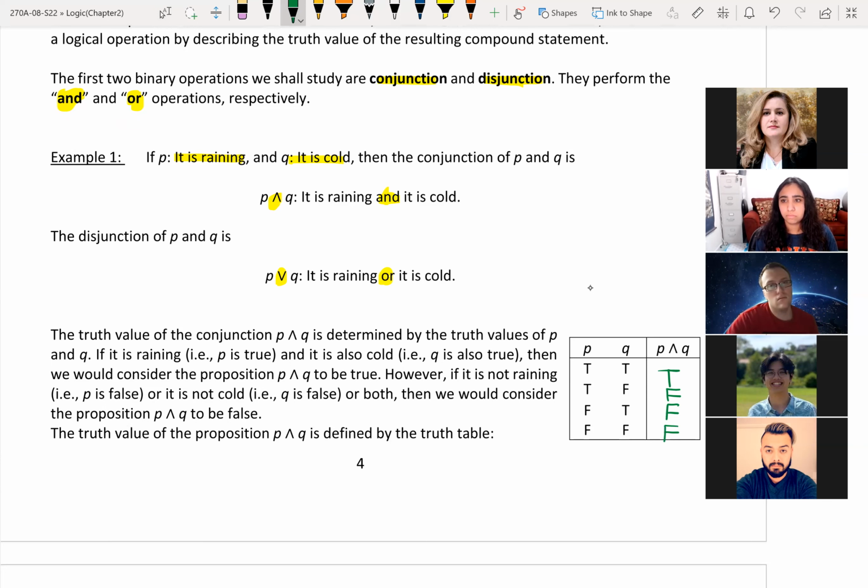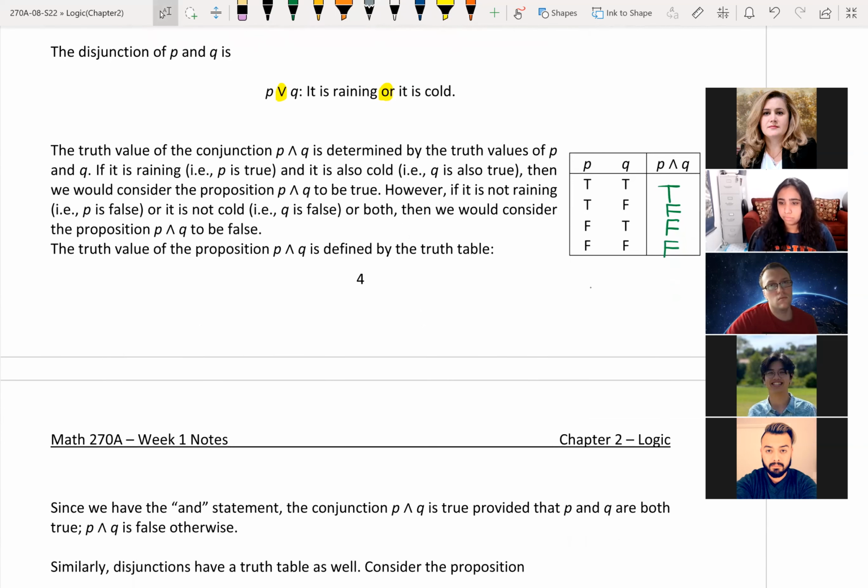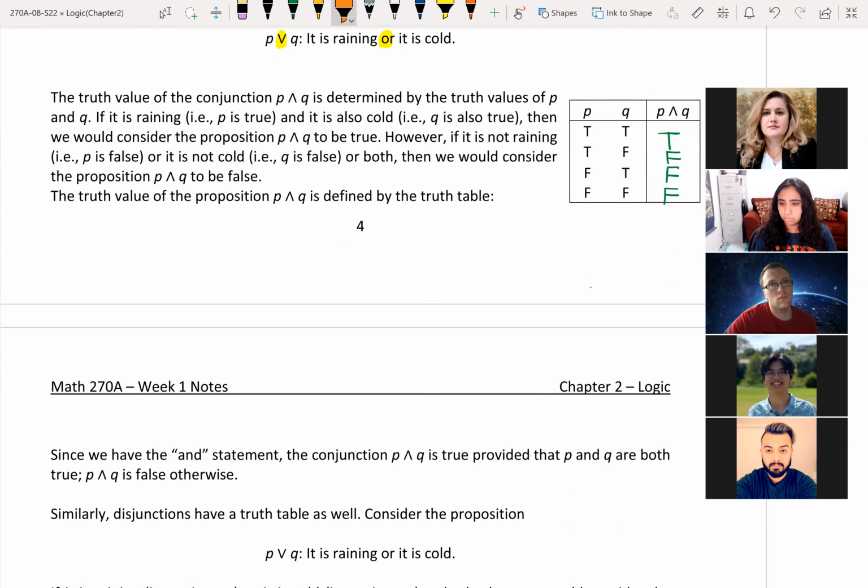So for the "and" statement, or what we call a conjunction statement, it says the conjunction is true if P and Q both are true, otherwise it is false. So only true and true is true, the rest are false.